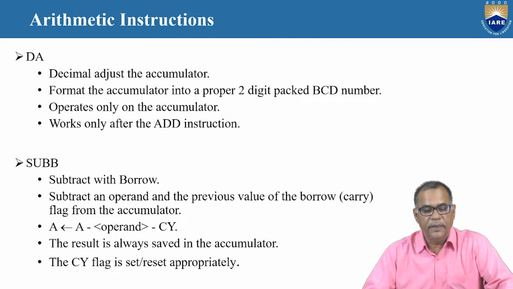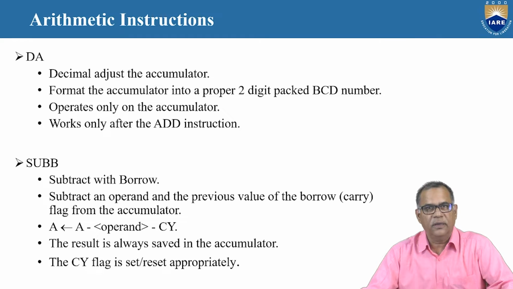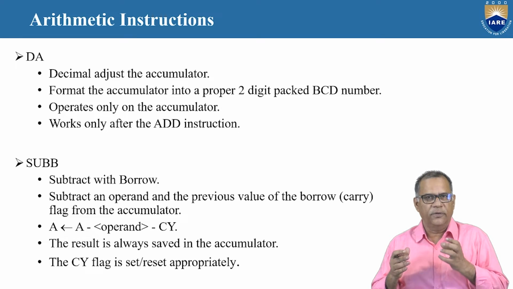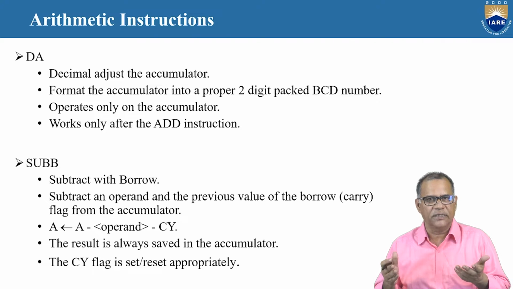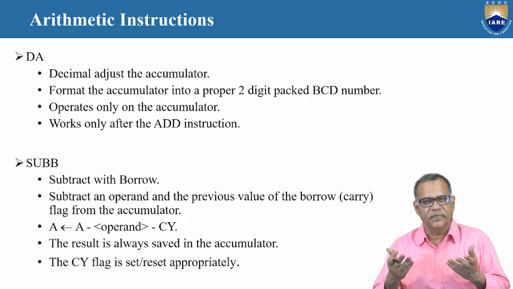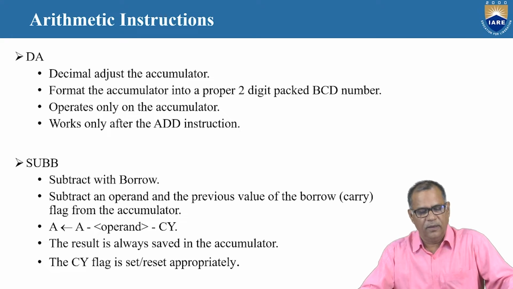Now DA is decimal adjust accumulator. It formats the accumulator into a proper 2-digit packed BCD number, it operates only on the accumulator, and it works only after the ADD instruction. After addition, when you get the result in hexadecimal format, to get a meaningful result in decimal format, decimal adjust accumulator is used.